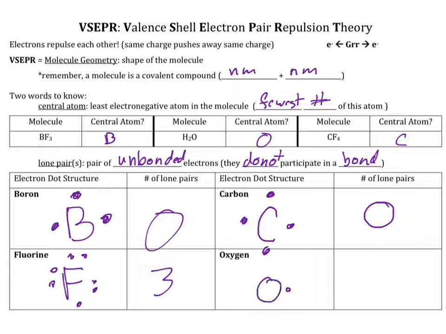Oxygen has 6 valence electrons, and I'm going to go ahead and do that again. It goes 1, 2, 3, 4, and then we have 2 pairs. And so understanding how many lone pairs a particular atom has is important for understanding the geometry that the molecule will make, because the lone pairs actually affect the geometry.